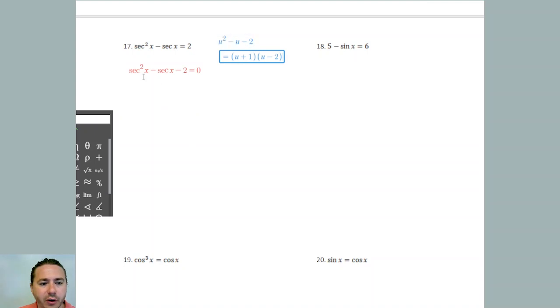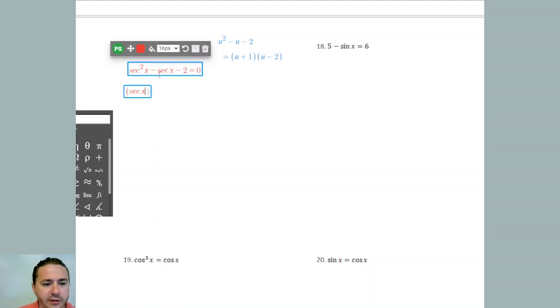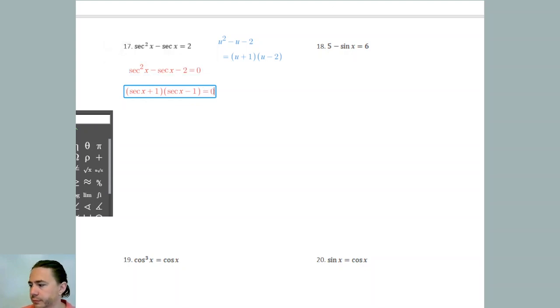It's just instead of u, we're going to have secant x. All right, so we get secant x plus 1 times secant x minus 1 equals 0. Oh, not minus 1, my bad, minus 2.